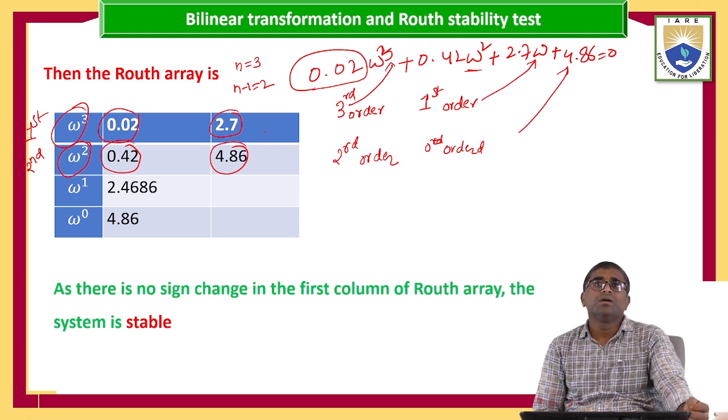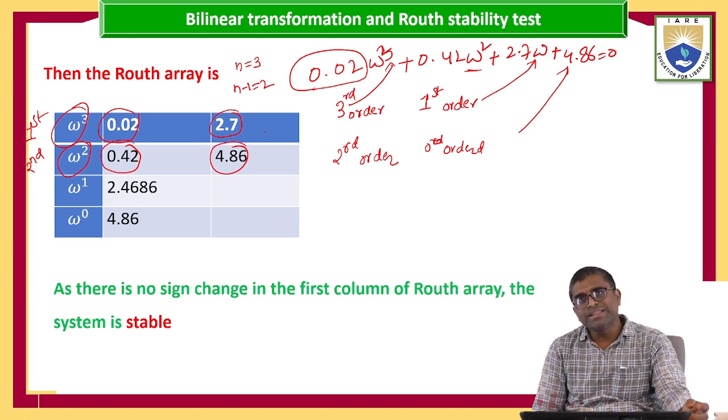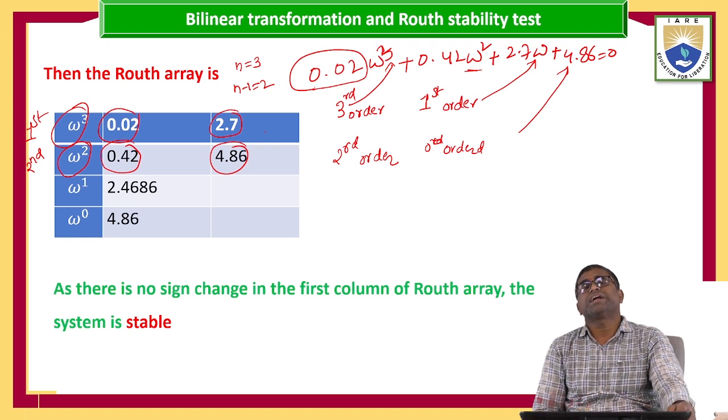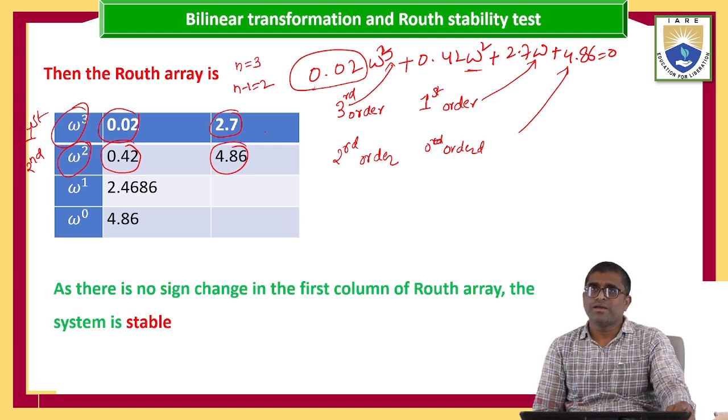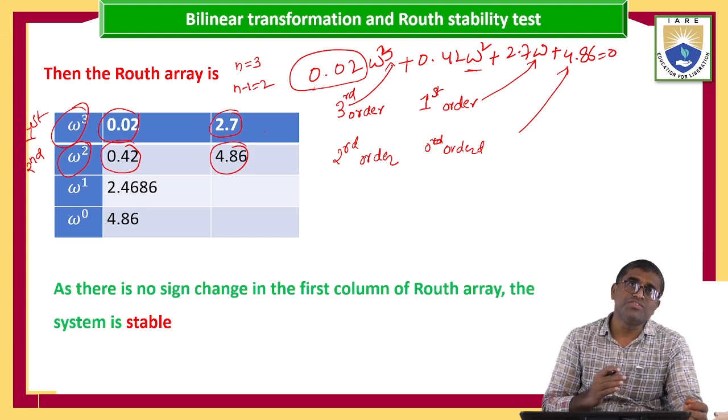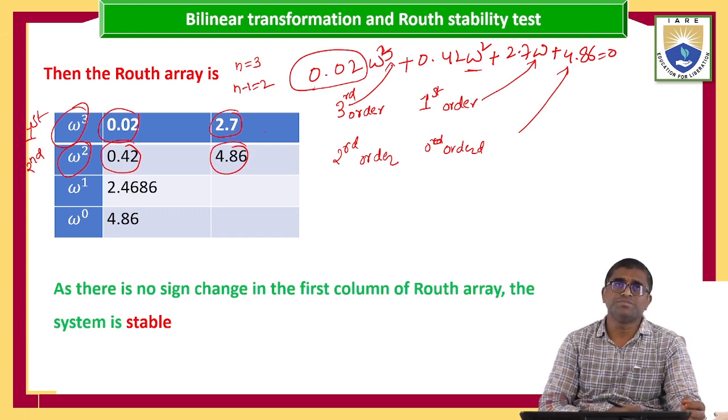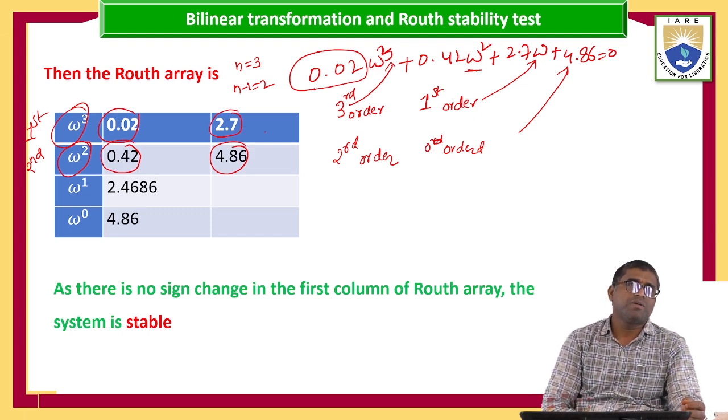That is, from the Cauchy equation, we have to identify the first and second rows only. After that, we go for the RH criteria rules. What are the RH criteria rules? Already we have seen them in the control system subject. We have to apply the same rules here.